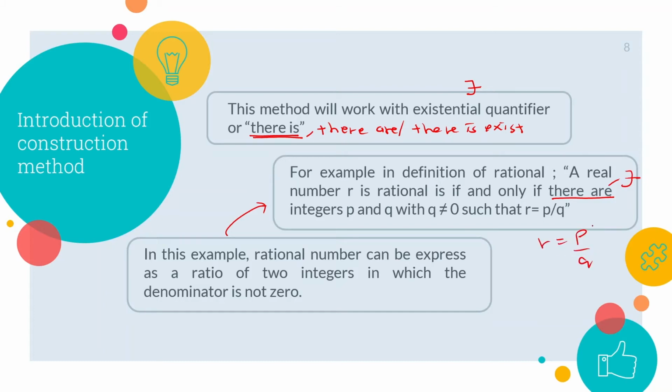How do we know that p and q are integers? It is clearly stated here: integers p and q. The denominator must not equal 0.